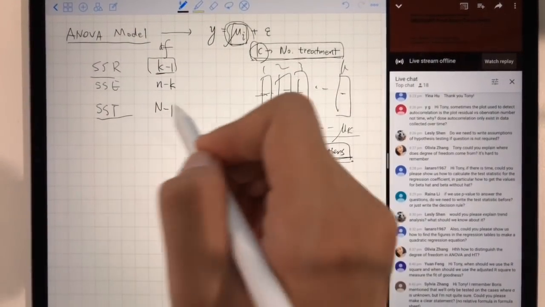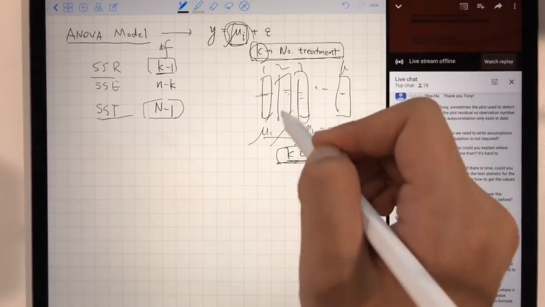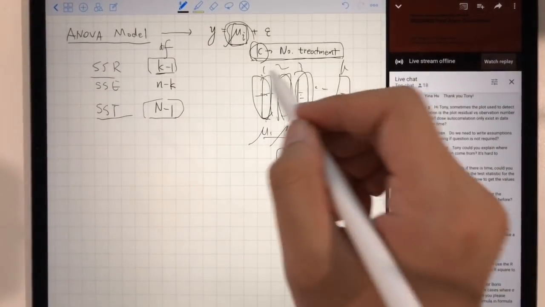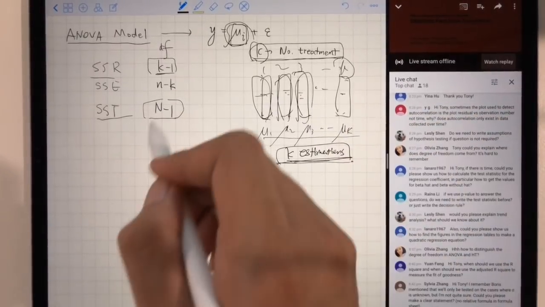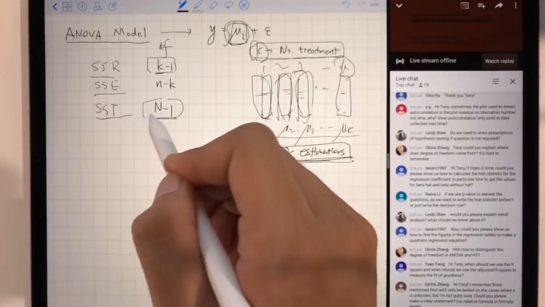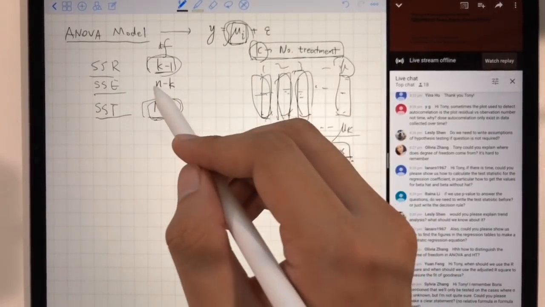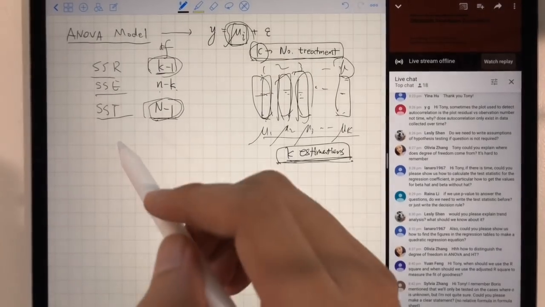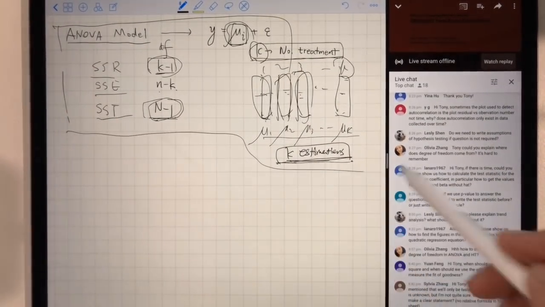And SST is always the total sample size minus 1. The total sample size is n1 plus n2 plus n3 up to nk, so it's n, and SST's degrees of freedom is n minus 1. The SSE is simply SST's degrees of freedom minus SSR's degrees of freedom, which is n minus k, right? So this is in the ANOVA model, okay?